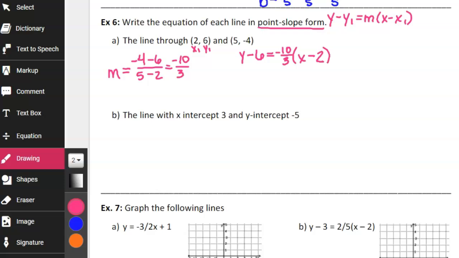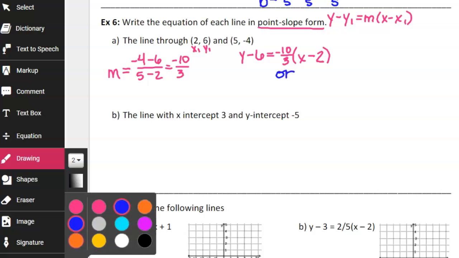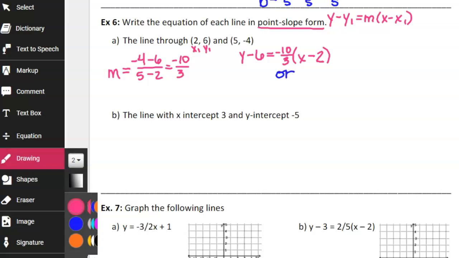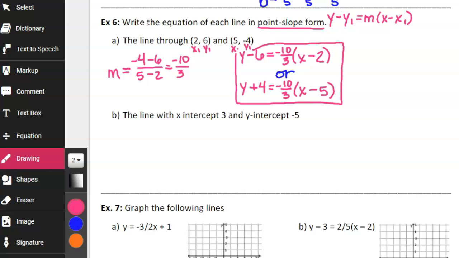So there's one option. Your second option is y minus, let's use this as y1. So if you subtract -4, that's really plus 4, equals m, same slope, times x minus x1. So either of these equations is acceptable.